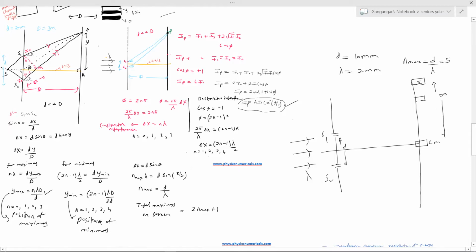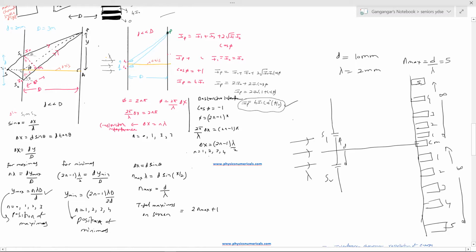The fourth band will be somewhere here, then the third, second, and first. Similarly on this side, the pattern will be symmetric: 1, 2, 3, the fourth band, and the fifth band will be here. This is the distance where the fifth band will be at infinity.